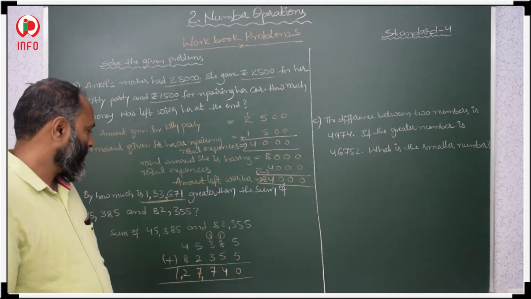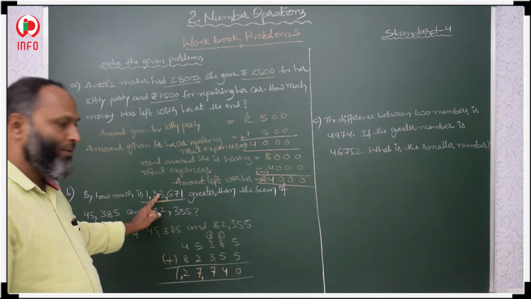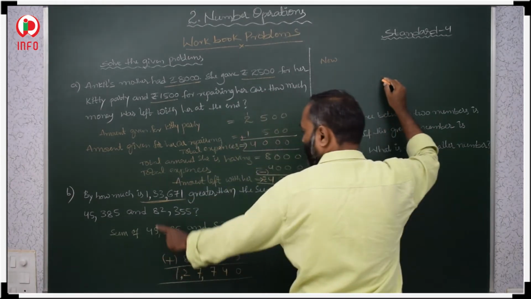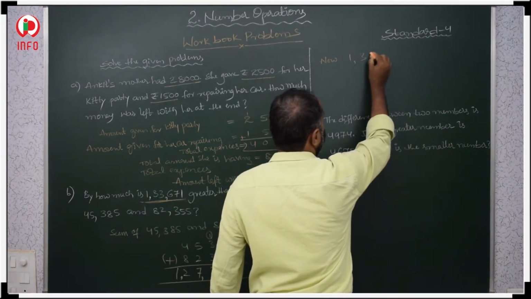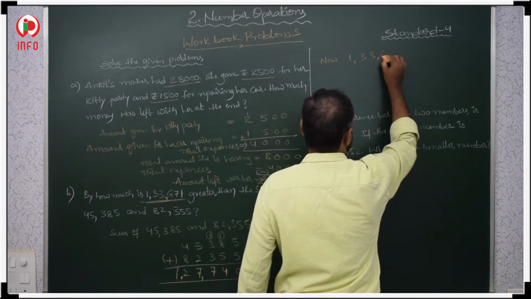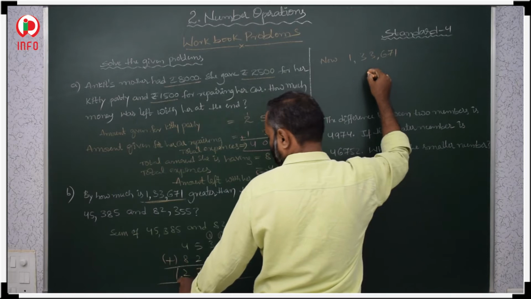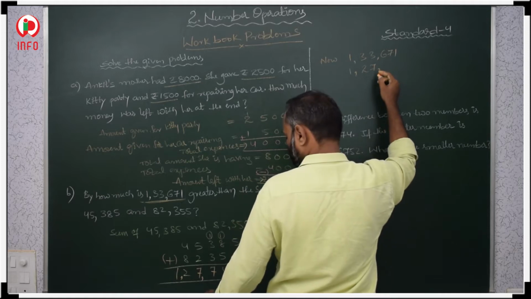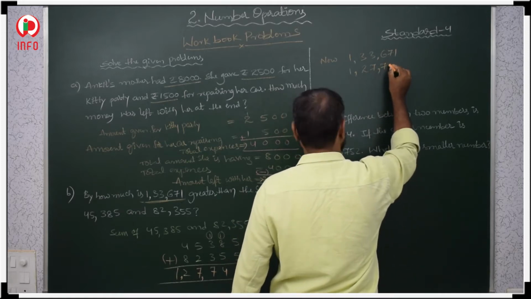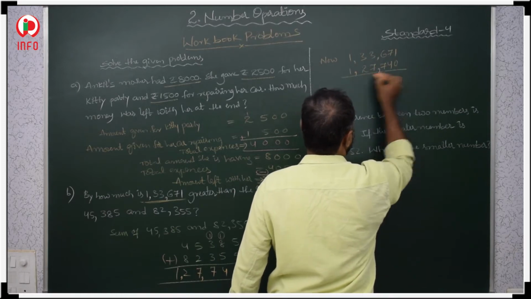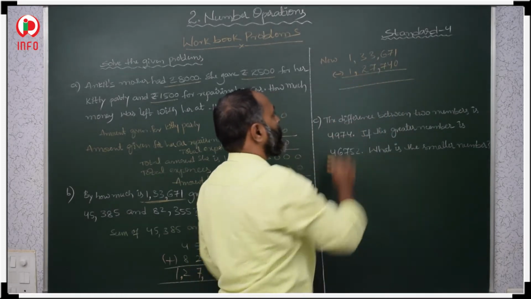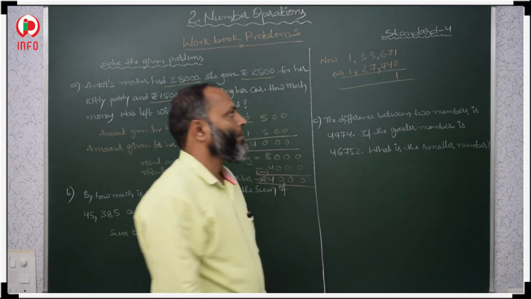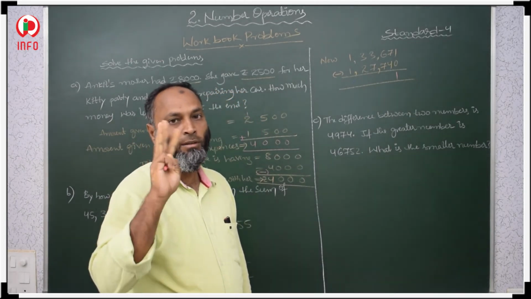Now we subtract this number from this number. One lakh 33,671 minus 1,27,740. 1 minus 0, 1. 7 minus 4, 5, 6, 7, 3.